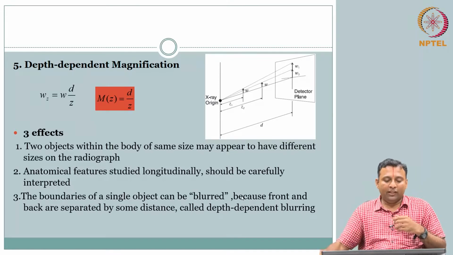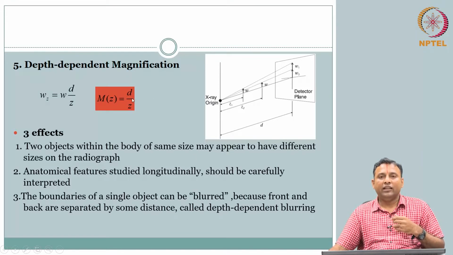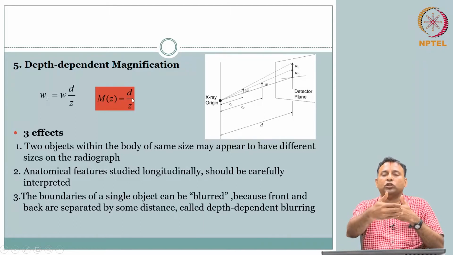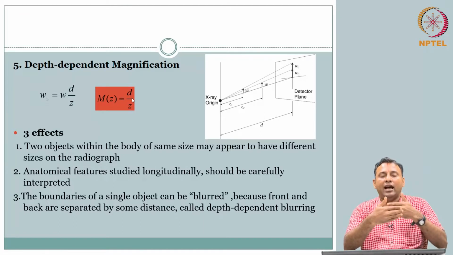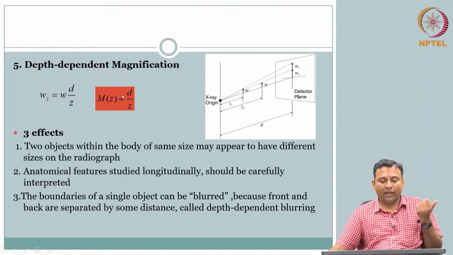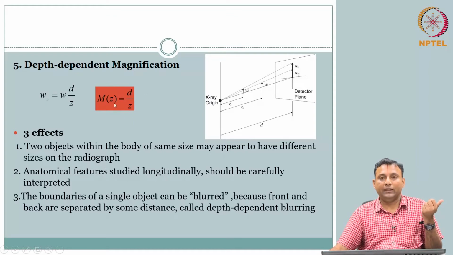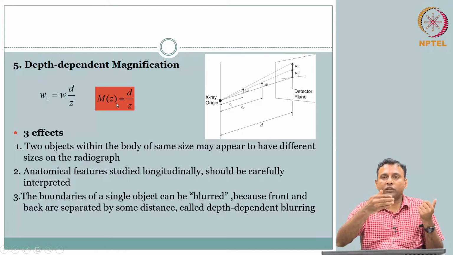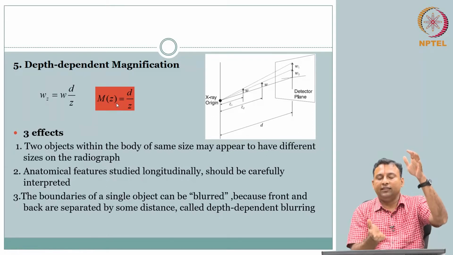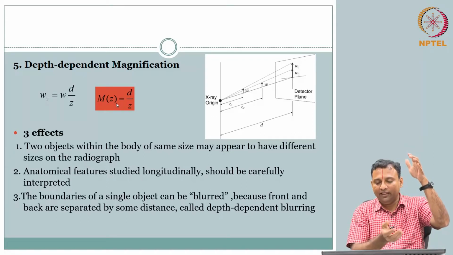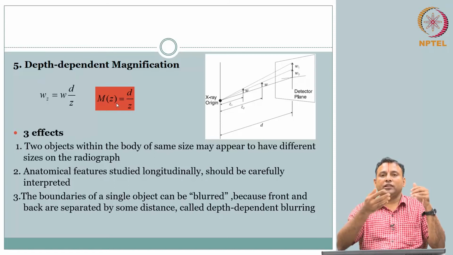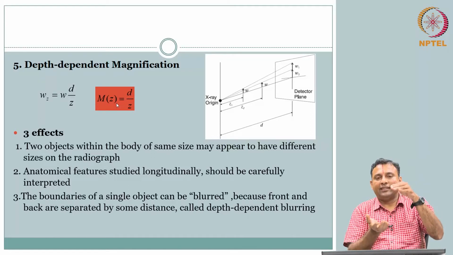Intuitively, based on the magnification that you have seen, the front end is closer to the source, the back end is away from the source. So from this magnification, what are you going to see? If you are moving towards the source, it is increasing, right? If you are moving away from the source, on the detector the size is reducing.